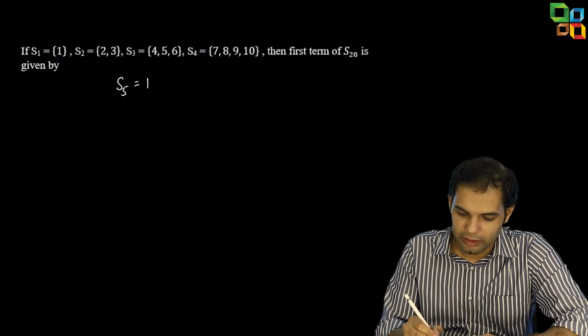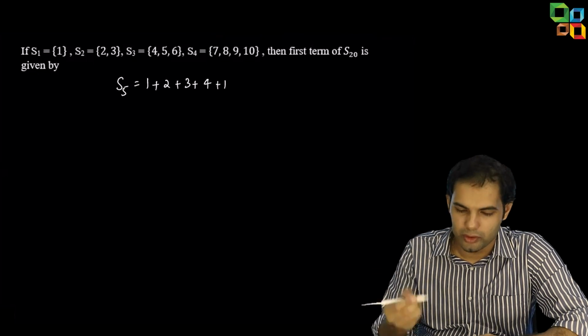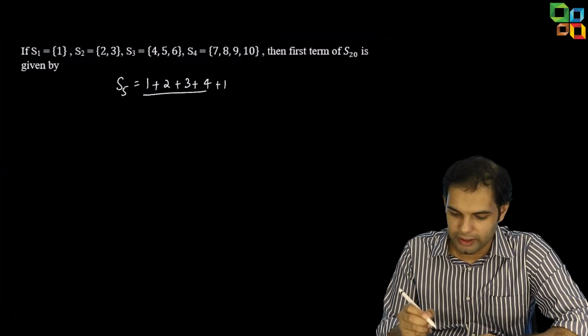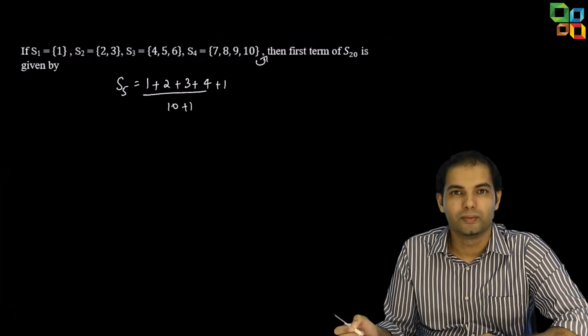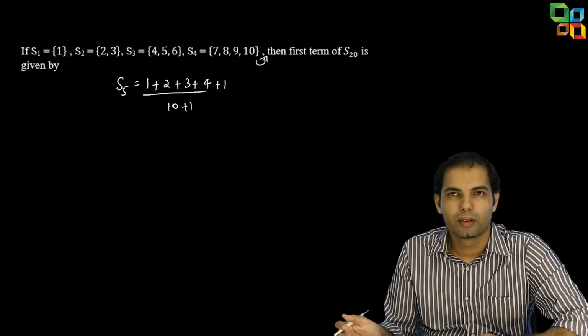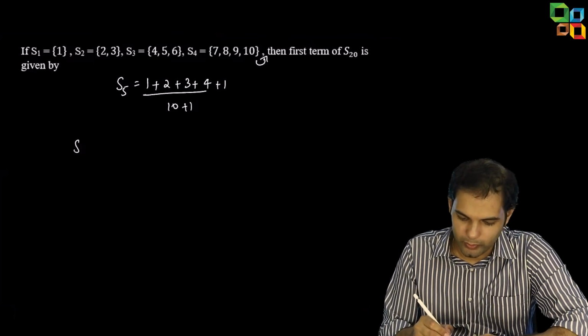S1 had one number, S2 had two numbers, S3 had three numbers, S4 had four numbers. S5, this is the number I want. So I'll add one number to the previous. So the sum here is 10 and plus 1 is 11. You can see that S5 next should be 11, right? So the same logic he extended to S20.